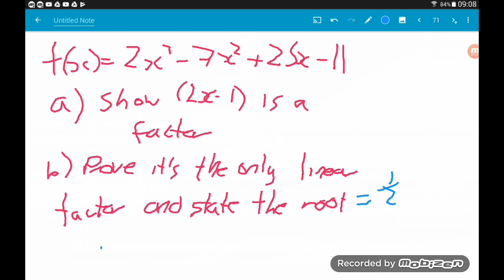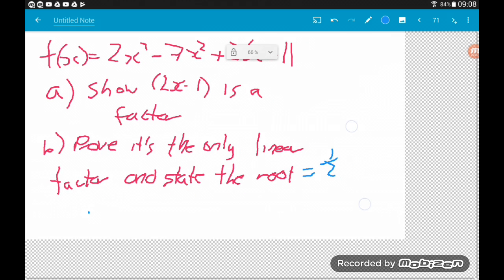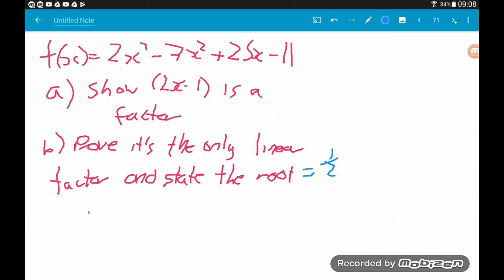So, to do that, we're going to have to write f of x as a linear factor, which we know is 2x minus 1, times a quadratic factor, and then show using the discriminant that the quadratic has no real roots.